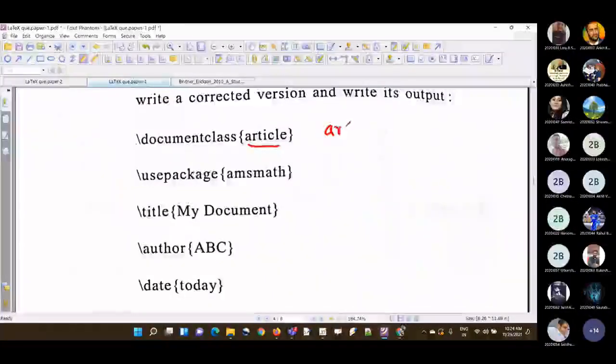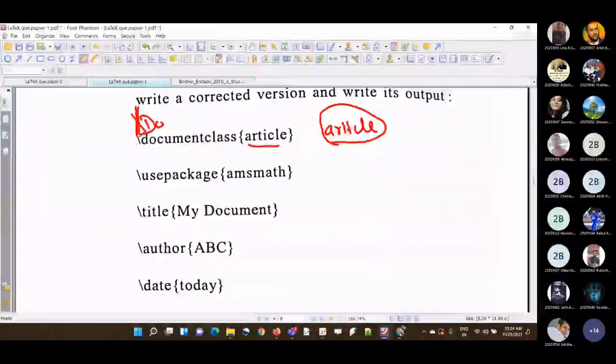Sometimes they write article with some spelling mistake. Sometimes instead of this small d, they write capital Document. Like this backslash or forward slash, sometimes they write document. So you have to be careful. Sometimes they use C as capital. So these things need to be taken care of.